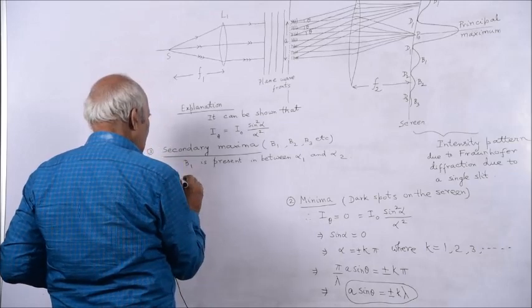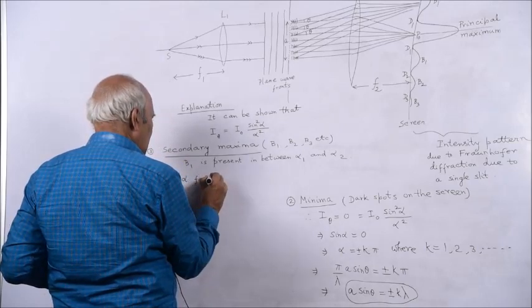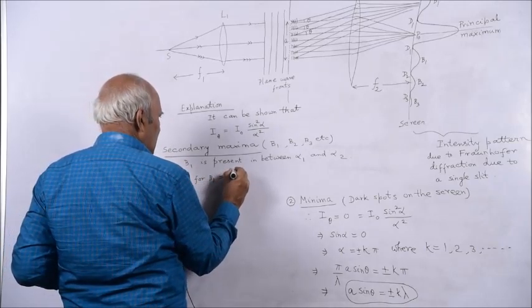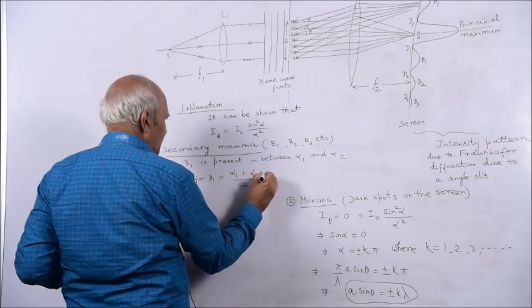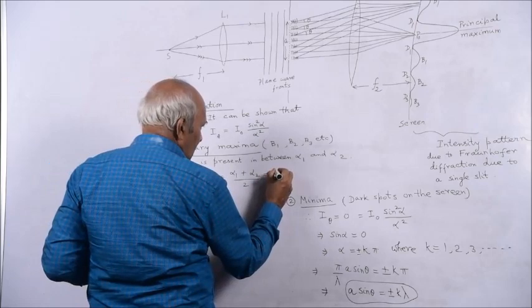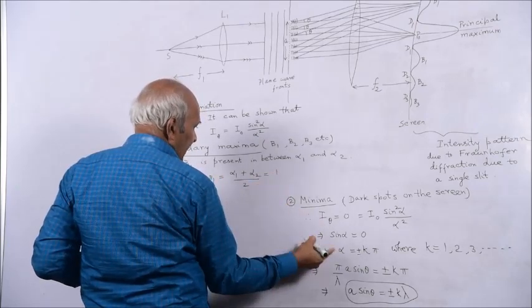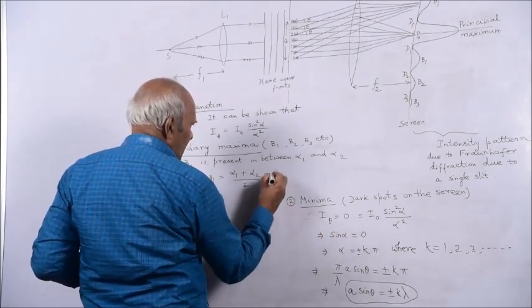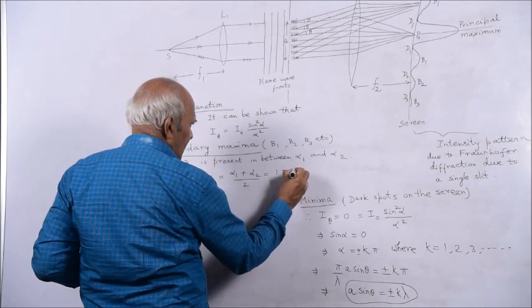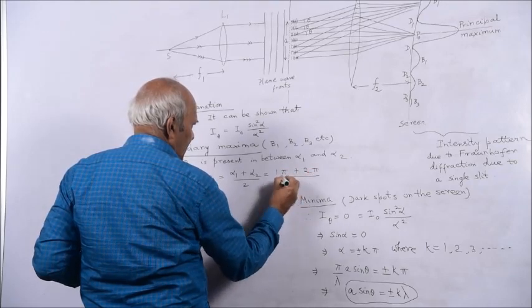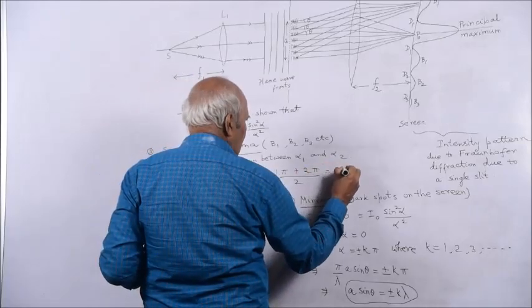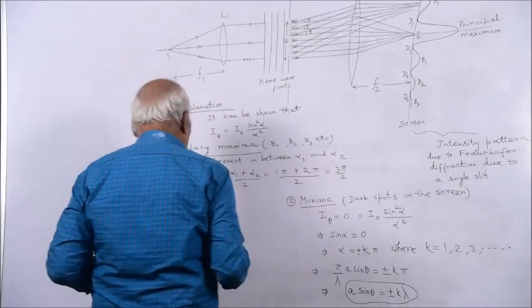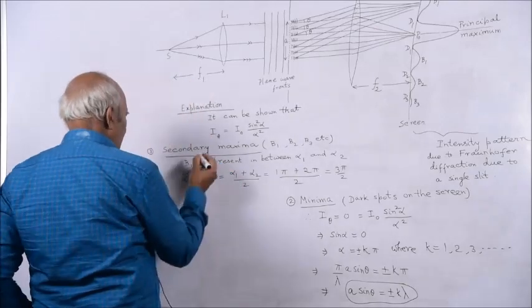So we can say alpha for B1 is equal to alpha 1 plus alpha 2 by 2. That means 1 pi, alpha is k pi. So 1 pi plus 2 pi by 2, that is 3 pi by 2. So the alpha value for B1 is found.